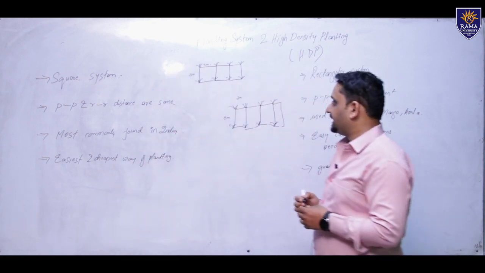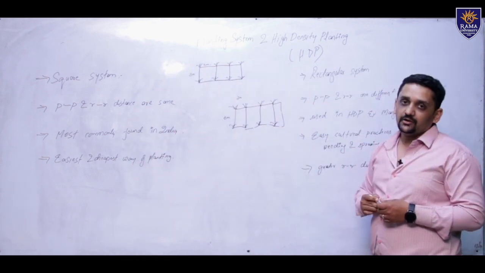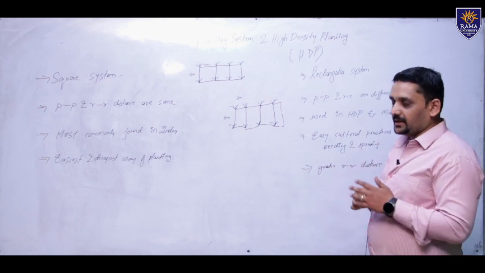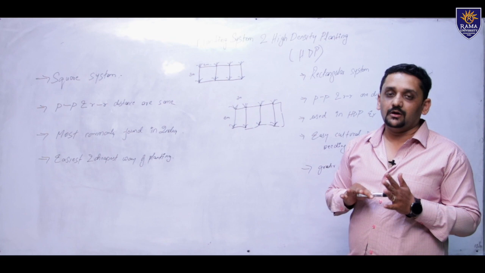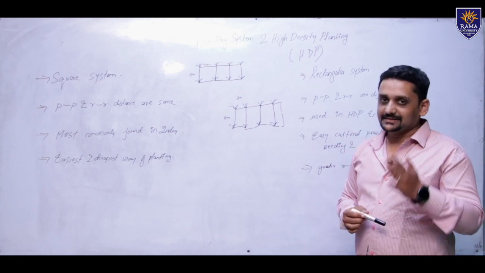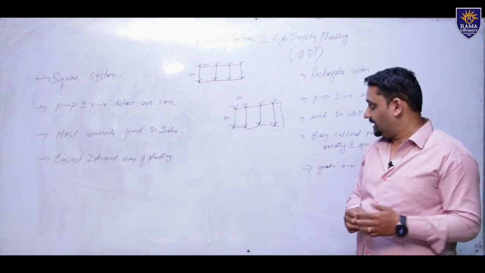This type of planting is known as rectangular planting, and it is an important method which is also used in high density planting, for example in mango and amla.